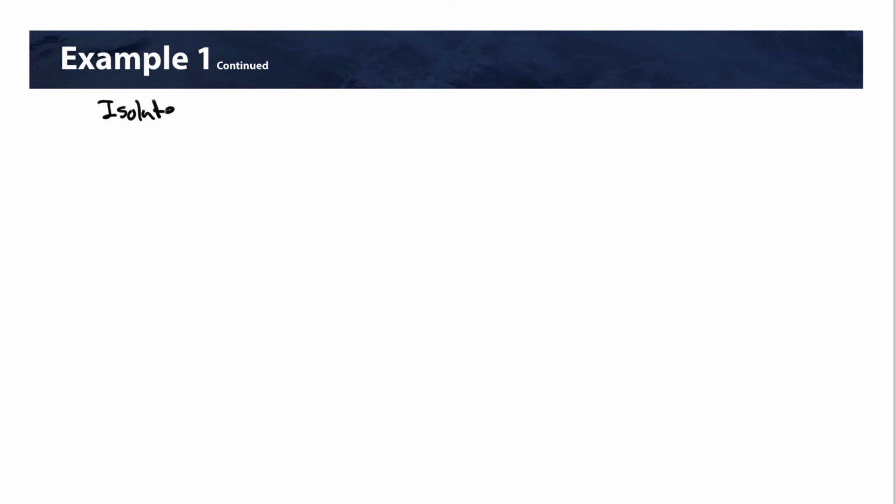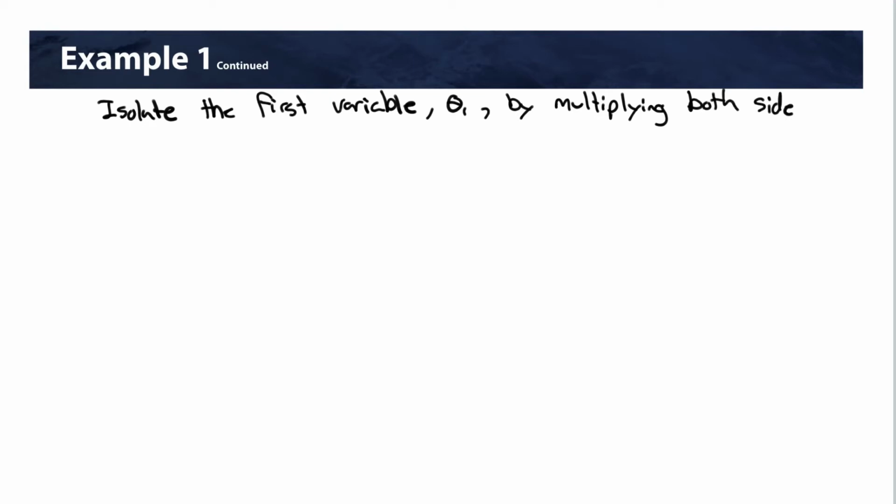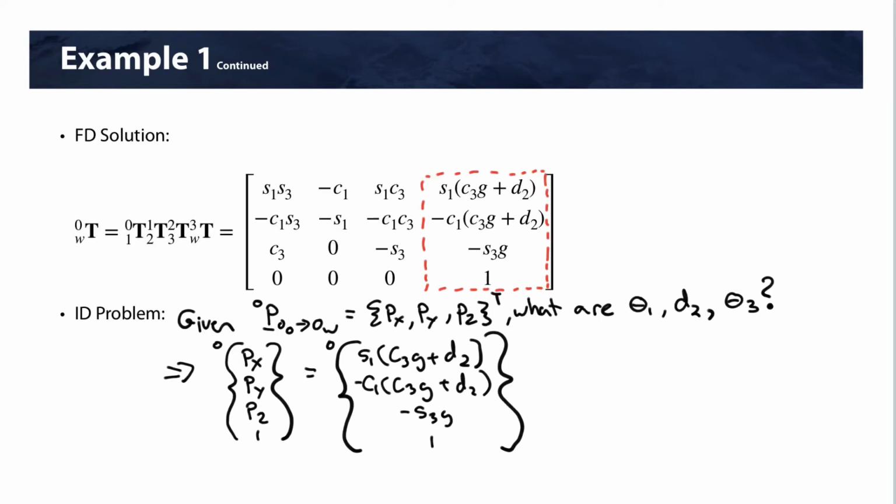We're going to isolate the first variable, which is theta 1, by multiplying both sides of equation 1 here.